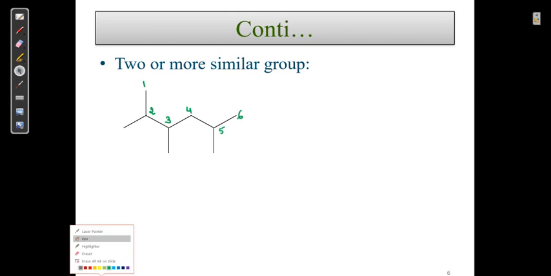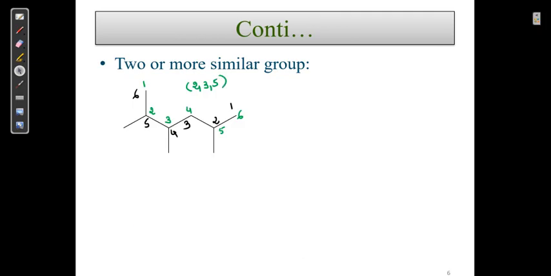Another number I can give 1, 2, 3, 4, 5 and 6. So if you see here, 2, 3 and 5, and in case of black color 2, 4 and 5. So these are the two possibilities.